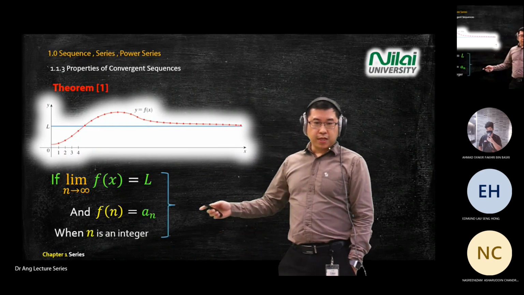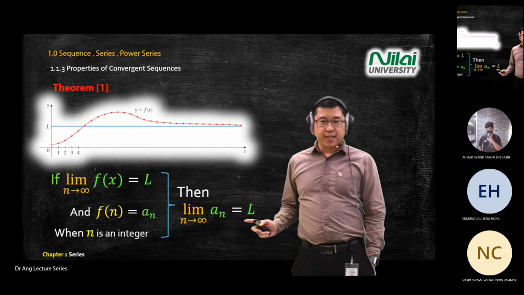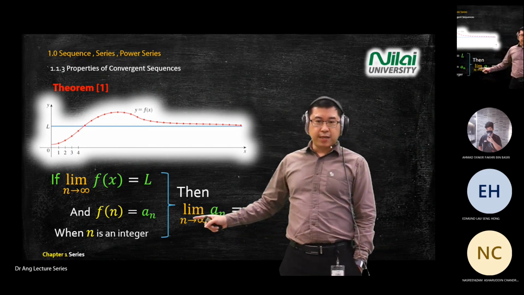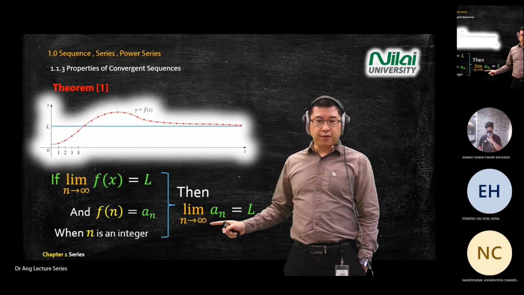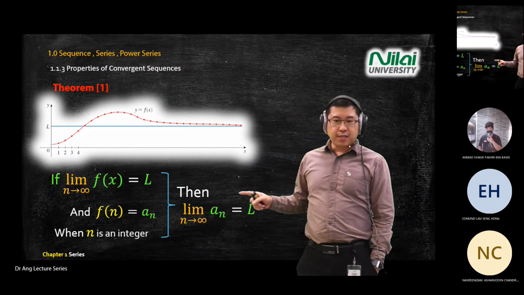If you combine this statement, you can say that your sequence with the limit as n goes to infinity equals L. What does it mean?